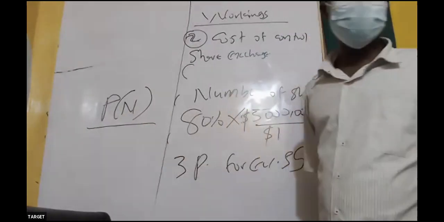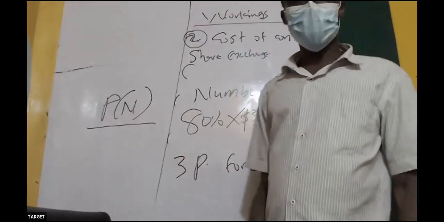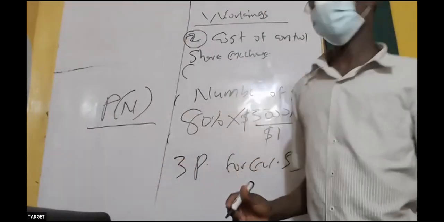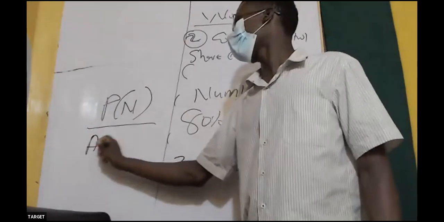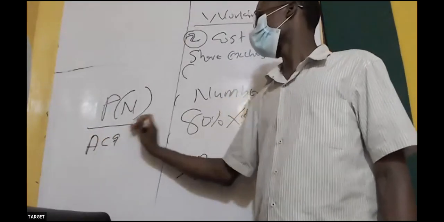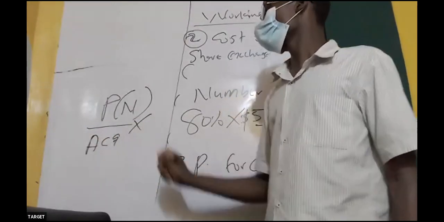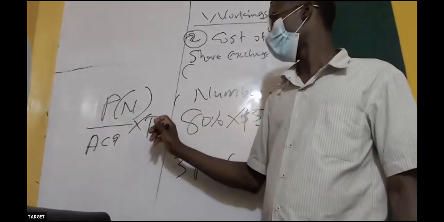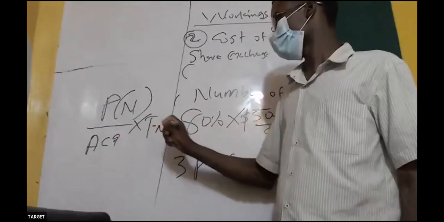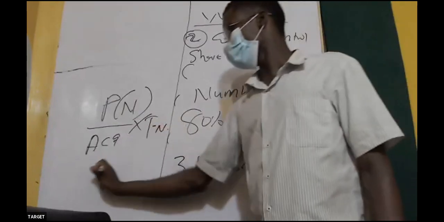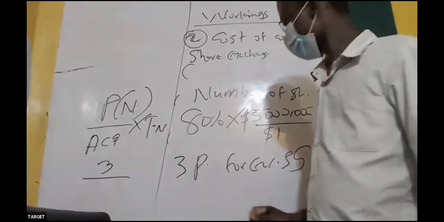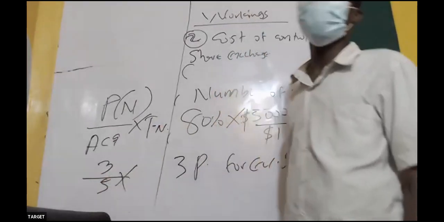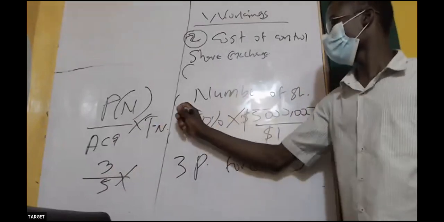all over the shares acquired or the existing shares, times total acquisition, total number of shares. So here, parent owns 3 for every 5, so over 5 times the total number of shares that the parent acquired.